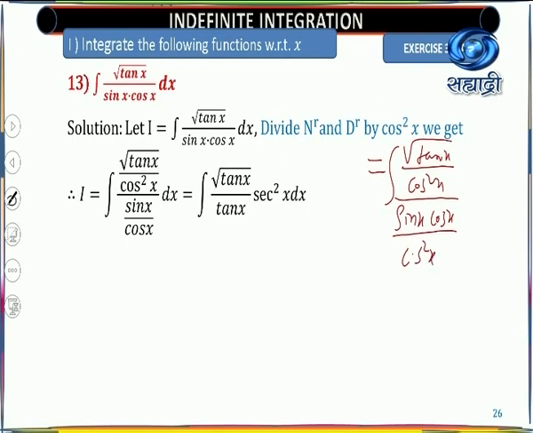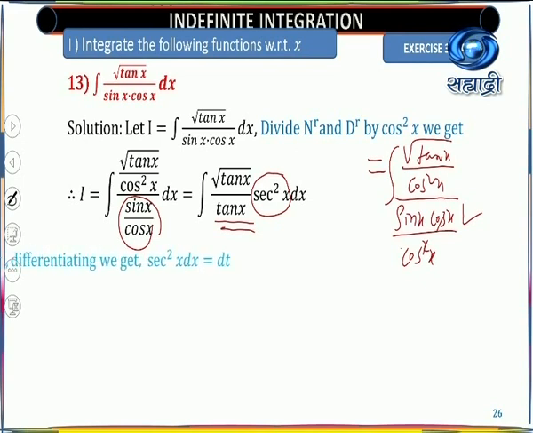So one cos will get cancelled here, and you are left with sin x upon cos x, which is tan x. So here we have root of tan x upon cos square x, and one upon cos square I will write as sec square. This is root of tan x as it is, and here sin upon cos gives you tan x dx.